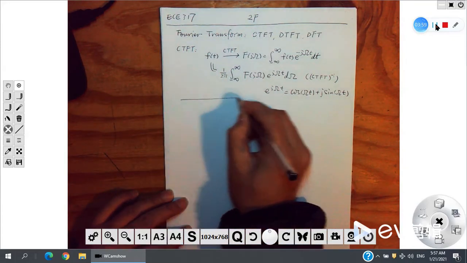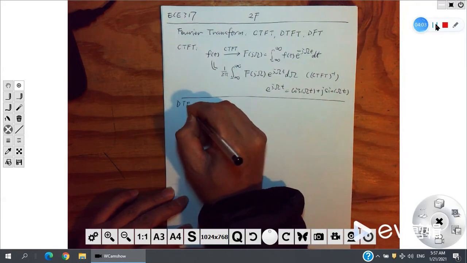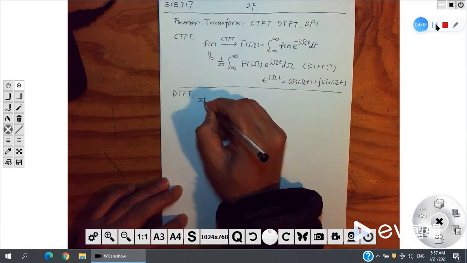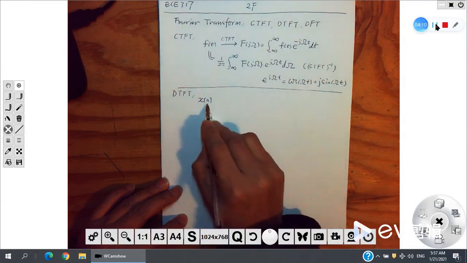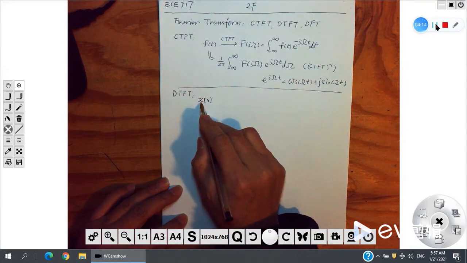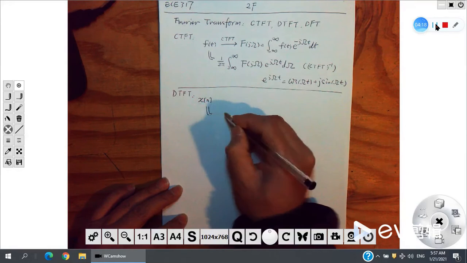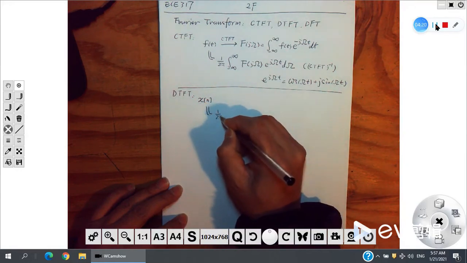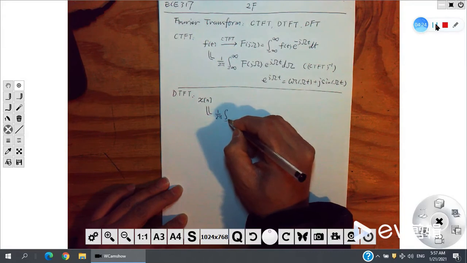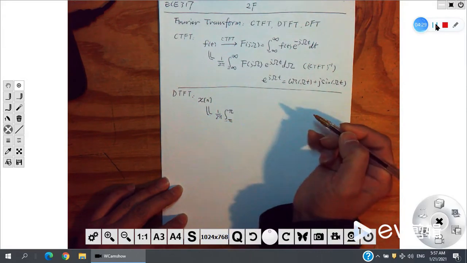And then DTFT. Similar. Now it is x of n. It's a signal in n now. Use x for the name of signal. And we want this is also an integral, similar to the continuous time case. But now the frequency just runs from negative pi to positive pi. One cycle.